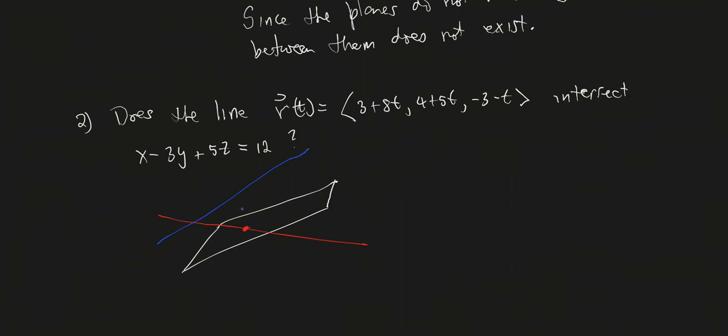So you might have a line that's parallel to the plane, and therefore they never intersect, or a line that passes through just a single point, or technically a line that is entirely in the plane, right?